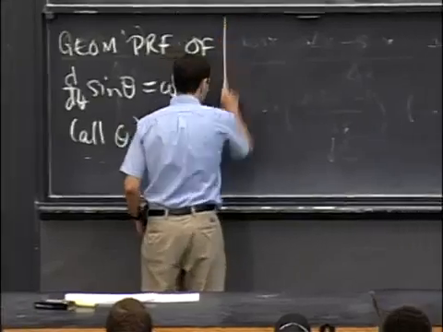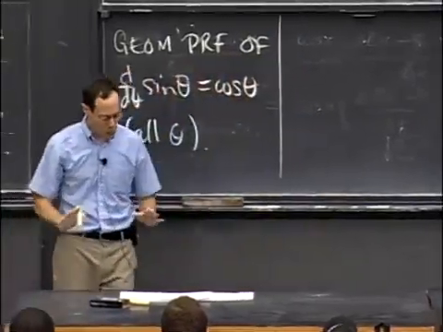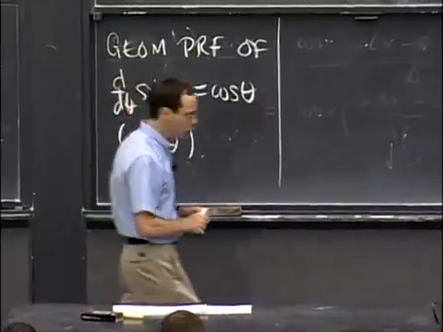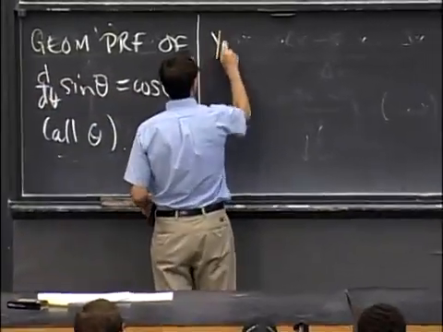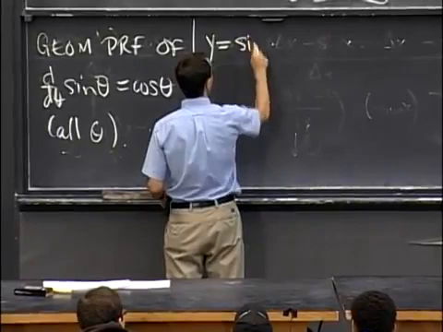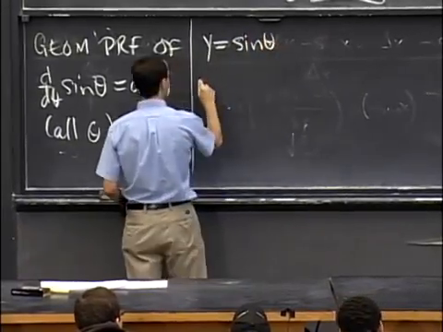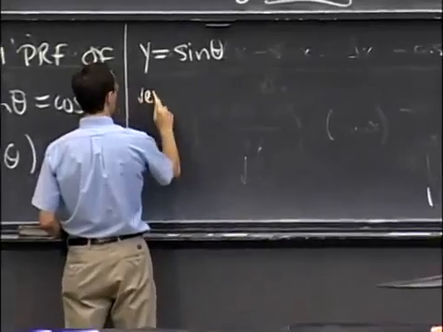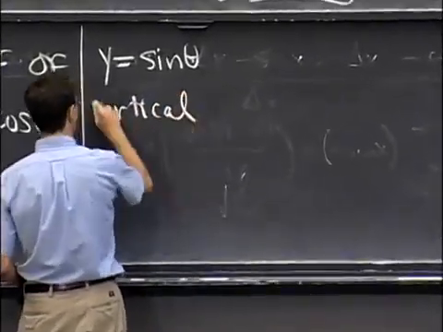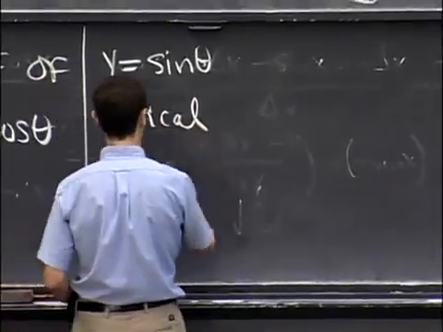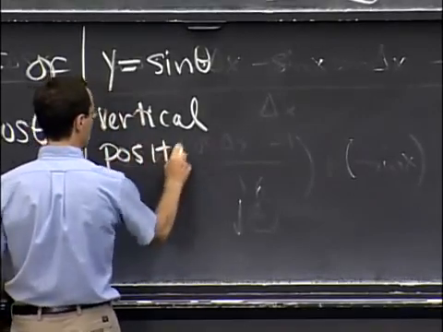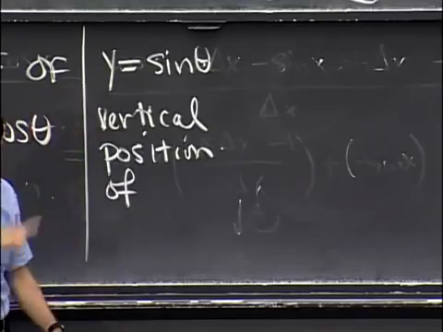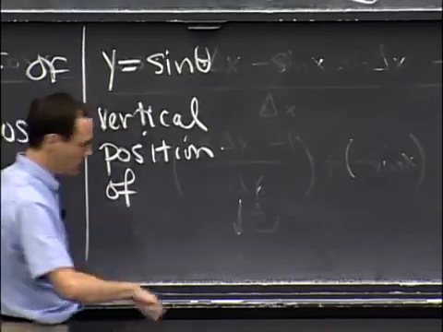So I want to do this by drawing another picture. The picture is going to describe y, which is sine theta, the vertical position of some circular motion.